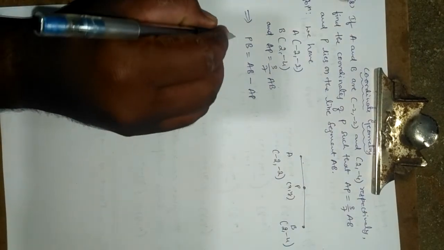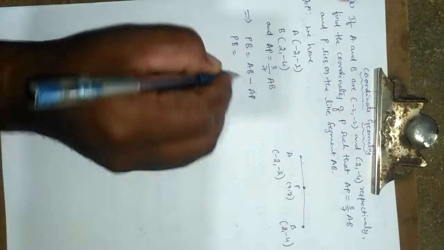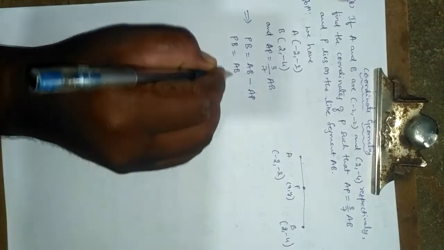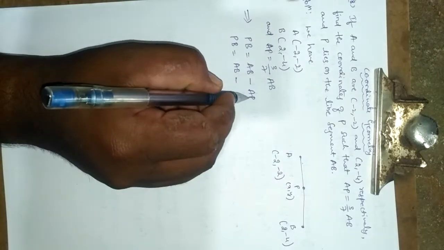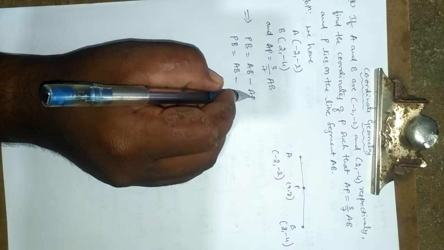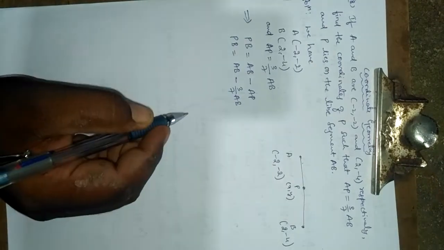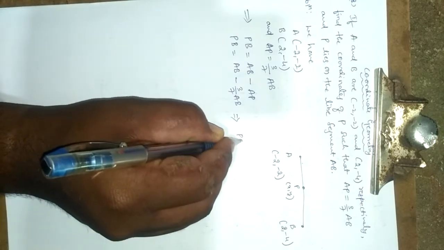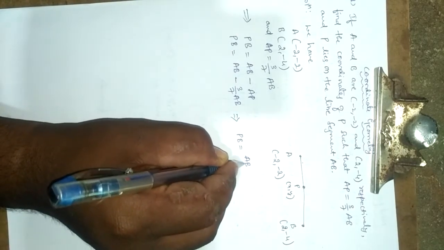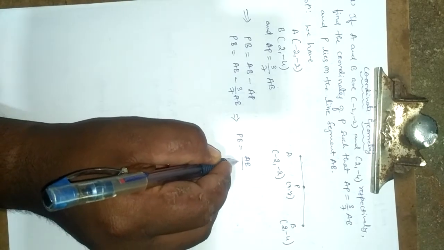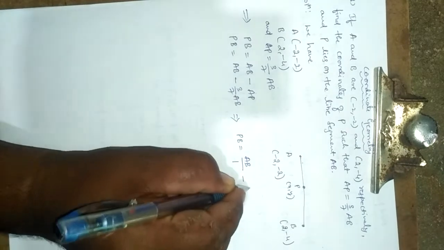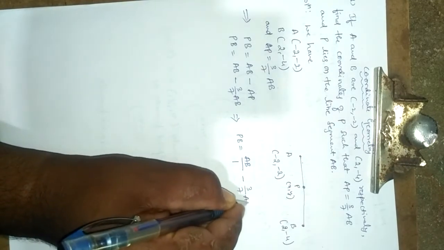We know AP is 3/7 of AB. Now I write PB as it is: PB is equal to AB minus AP, and I replace AP by 3/7 of AB. Next, the simplification part: PB is equal to AB, which I write as AB/1, minus 3/7 of AB.